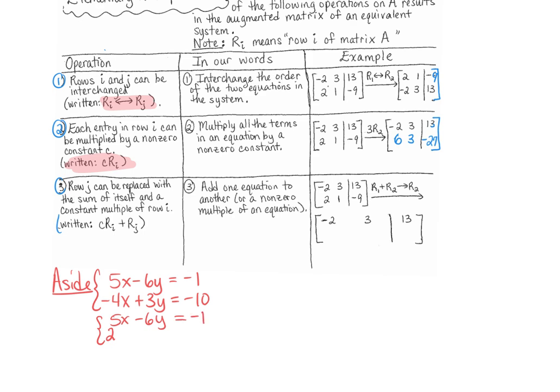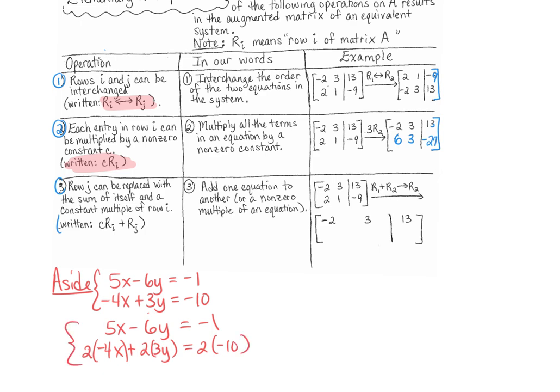Then we multiplied 2 times negative 4x plus 2 times 3y. I'll write that better. We have 5x minus 6y equals negative 1. Then 2 times negative 4x plus 2 times 3y equals 2 times negative 10.